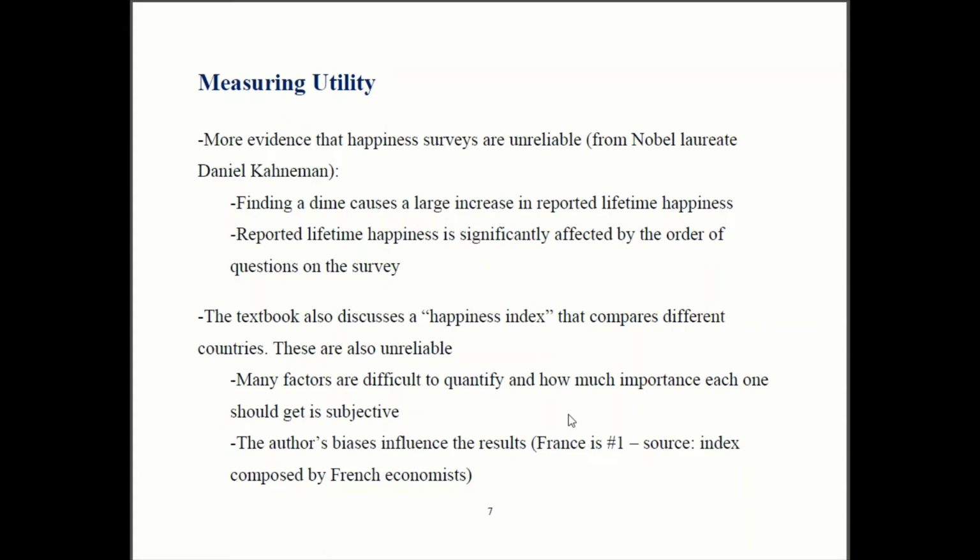What they probably did, consciously or unconsciously, it might not have been deliberate, is set up their index with weights in such a way that their preferred country came out on top. So a lot of these alternatives to GDP that try to incorporate happiness and other factors are biased and not reliable, and happiness surveys are also very unreliable. Your book talks about them, but just ignore that part.